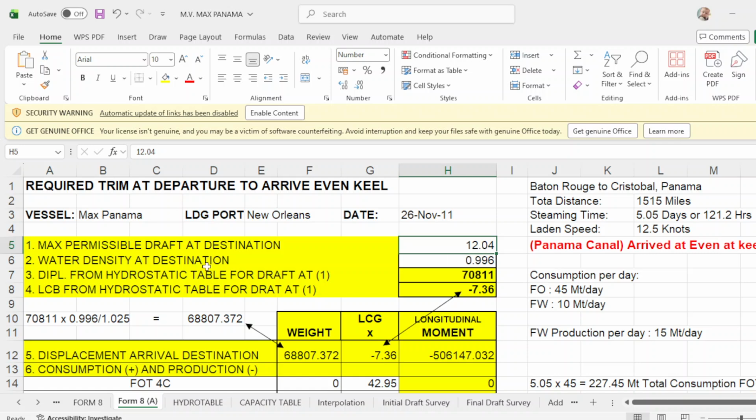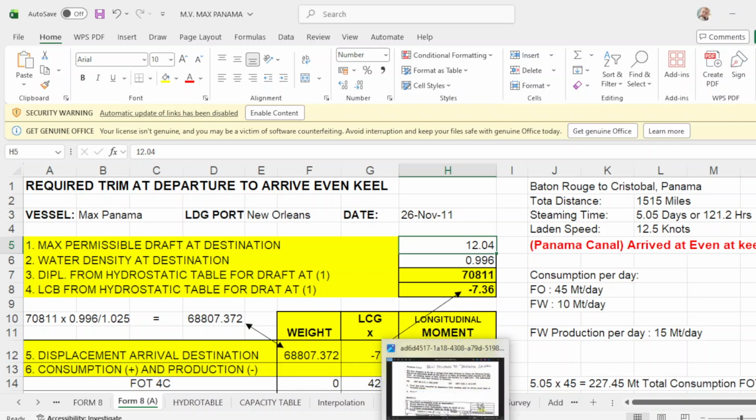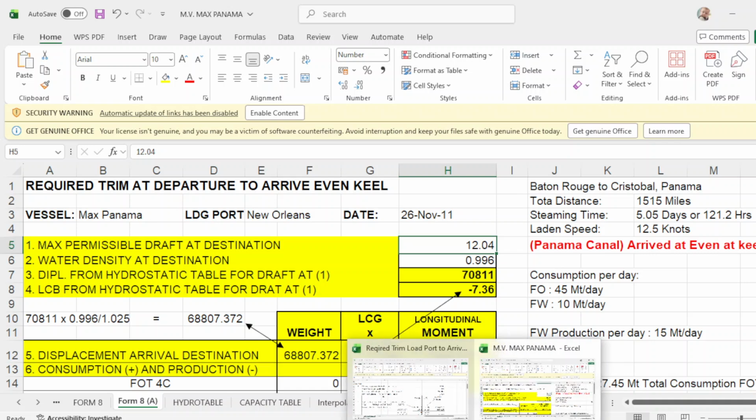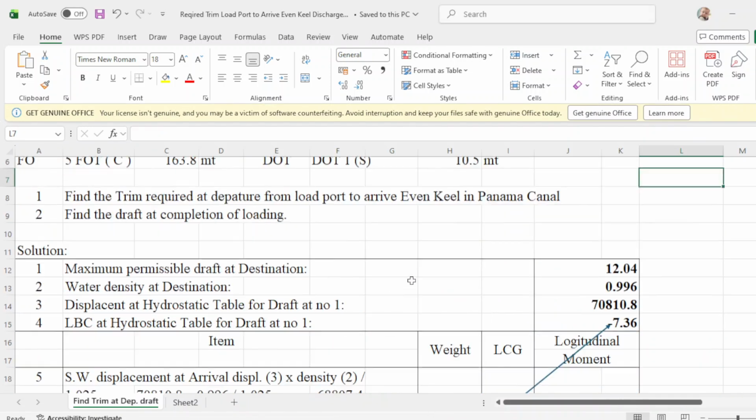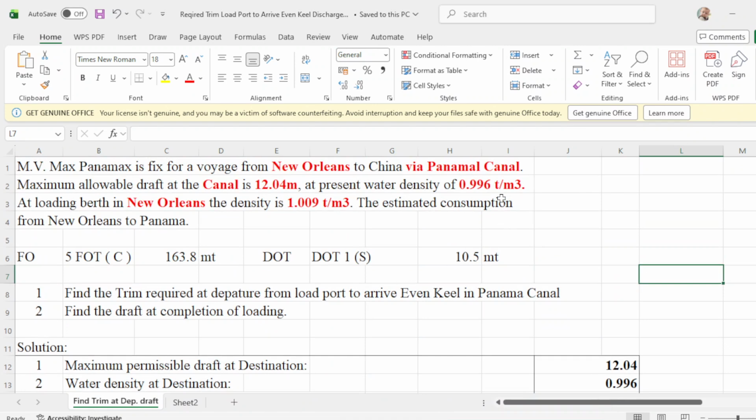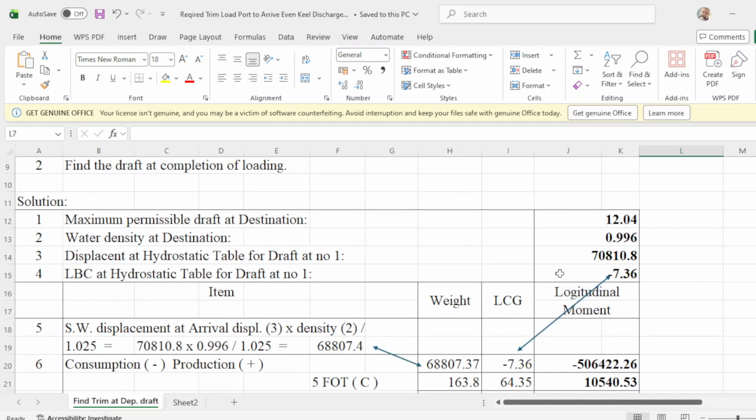And the water density of Panama is 0.996, which is this one, guys. And number 3, what is the displacement at 12.04?